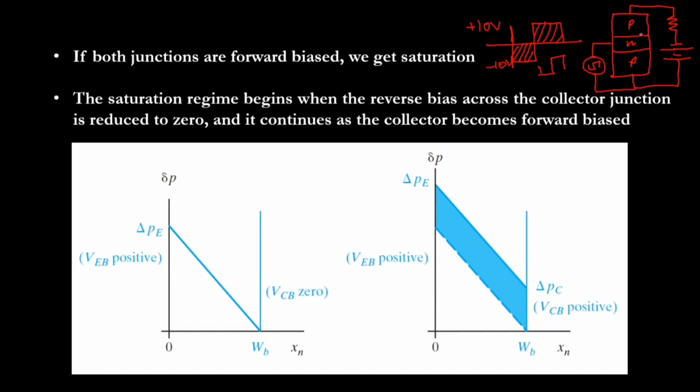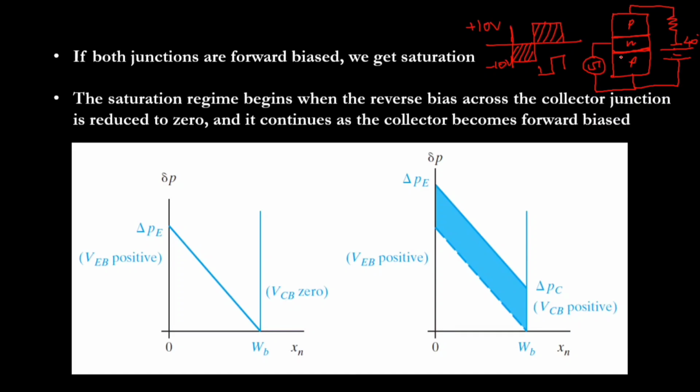This region is reverse biased when we apply a negative voltage, but the collector junction is already reverse biased because of this 40 volt. When I apply a positive pulse to the base, automatically this emitter junction is going to be forward biased.